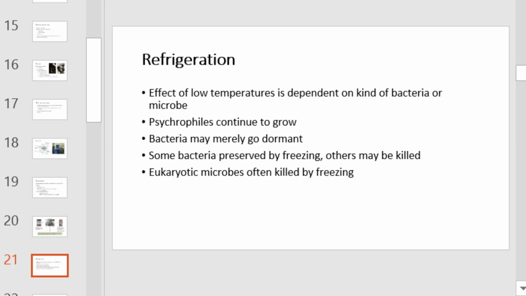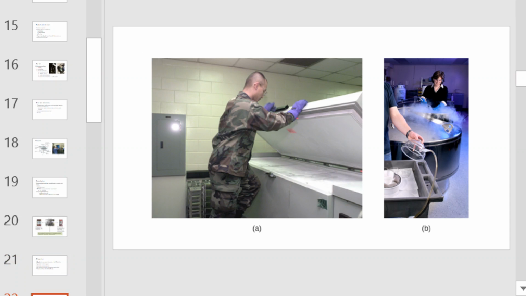Some bacteria may actually die. Some bacteria can be preserved by freezing while others are killed. Eukaryotic microbes are often killed by freezing. This is an example of refrigeration and freezing used to preserve or extend the shelf life of a variety of products.